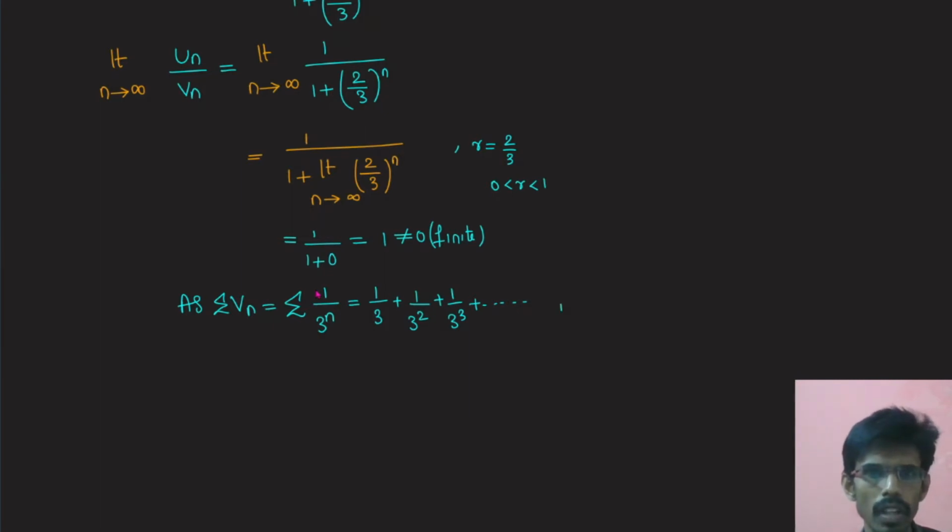Now this is a geometric series. Here I can write this as 1 by 3 whole power of n. This is a geometric series with r value as 1 by 3.